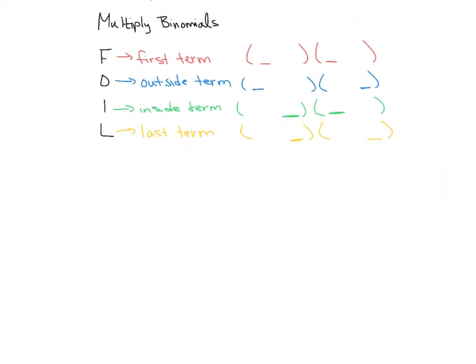Some people find this easier, some people find using distributive property easier, so we're going to learn both because I don't mind either one. X plus 2 times x minus 5. So, we're going to look at our first terms. So we have x times x. Then we're going to look at our outside terms.